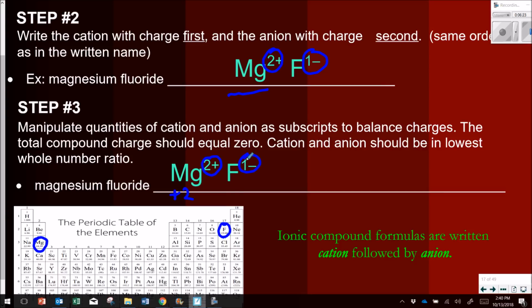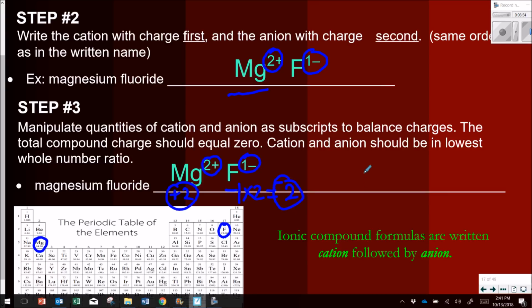So right now, the total charge on the anion side is -1. So they don't balance to give us that total charge of 0 in the compound. So what I need to do is multiply my -1 by 2 to balance out the +2 on the magnesium side. Now, +2 and -2 balance each other out.